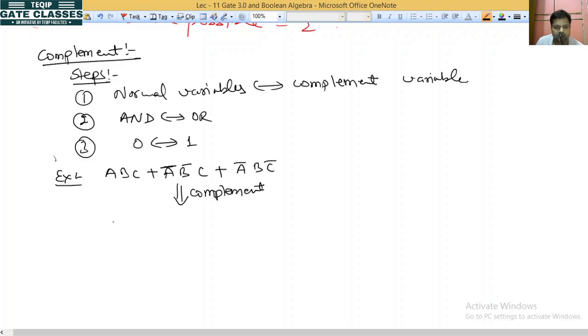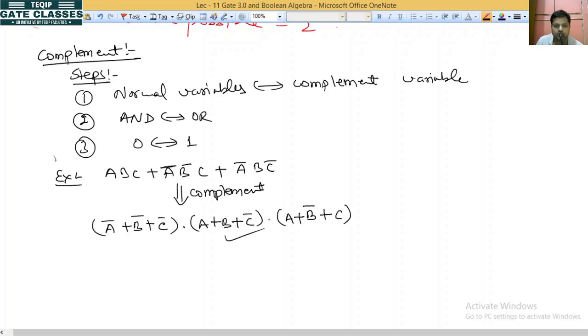What will be that? (a bar plus b bar plus c) dot (a plus b plus c bar) dot, it will be a, it is normal, so you have to complement it.